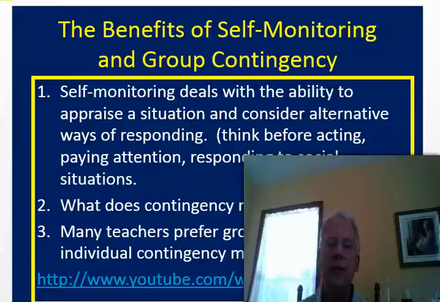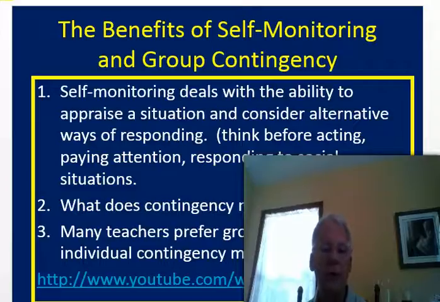Being able to teach people to self-monitor themselves, to think about a situation and consider alternative ways of reacting is important. Contingency models involve having students track and monitor their behavior. A combination of functional behavior assessment and contingency-based assessment has proved to be successful in improving behavior.